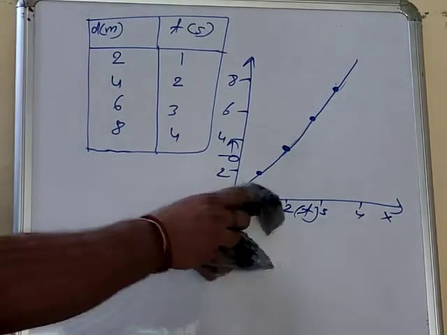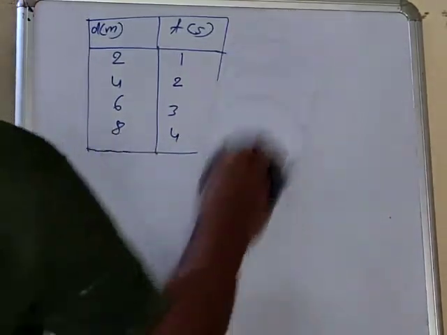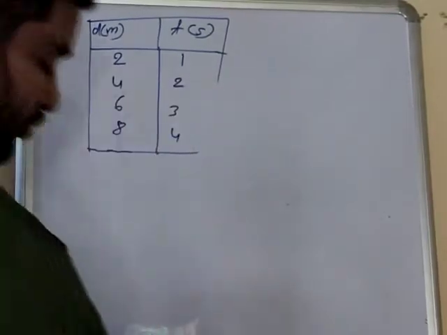But what about when motion is non-uniform? When motion is non-uniform, our graph will be curved, which is given in figure number 8.4, and the table is given in table 8.2. So just see table 8.2, open your textbook.